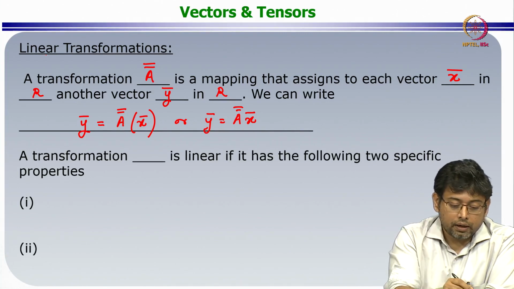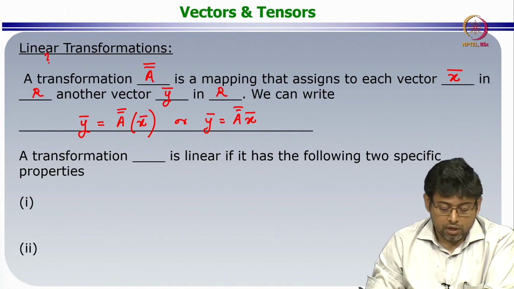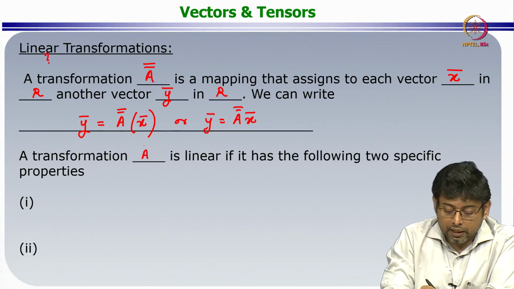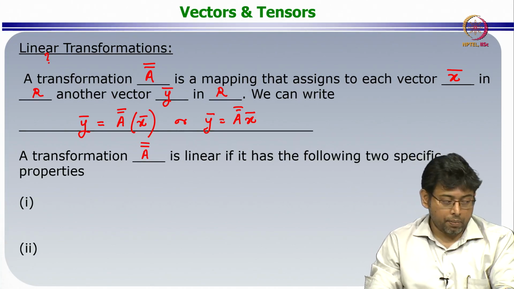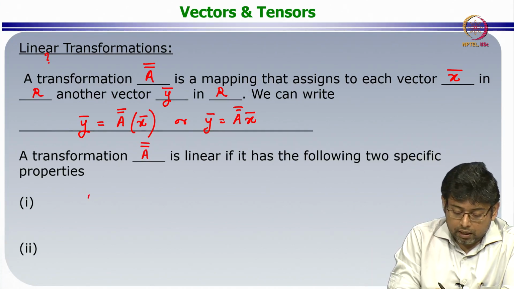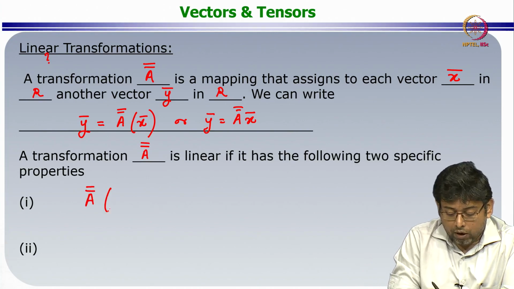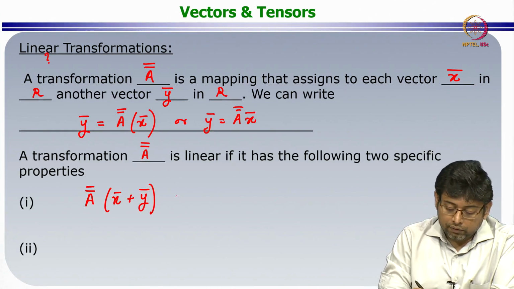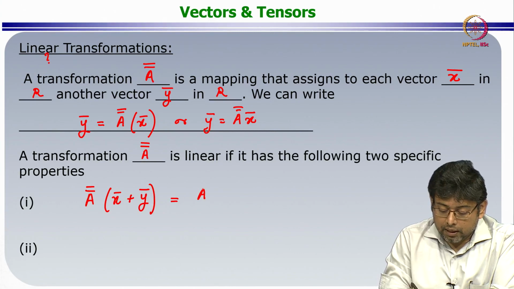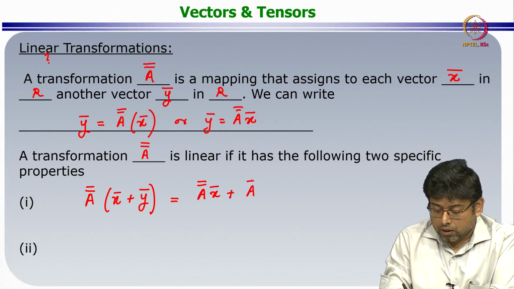So how do you make a transformation linear? A transformation, if it has to be linear, has to be subject to a couple of more specific properties. Let us say you have A acting on x, the sum of 2 vectors x and y. Then if the transformation is linear, it can be written as Ax plus Ay.